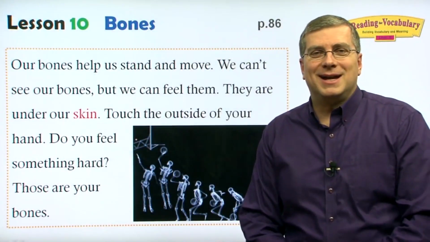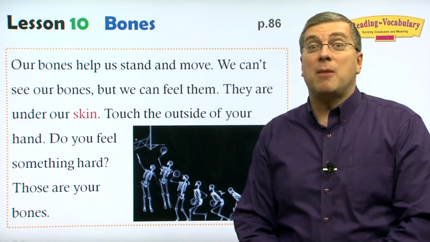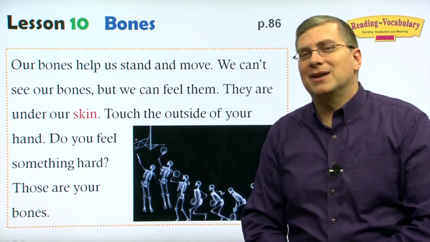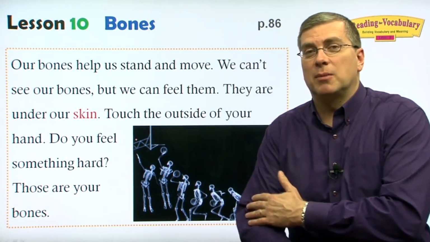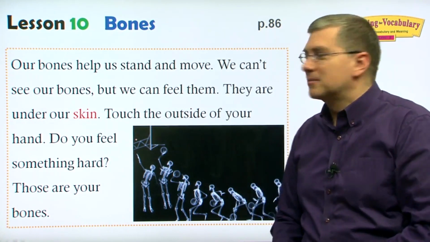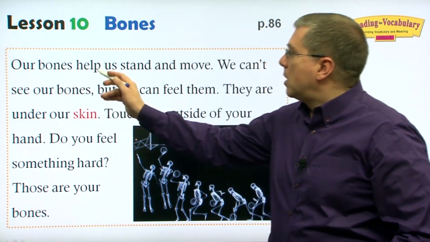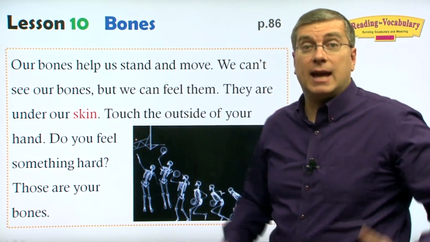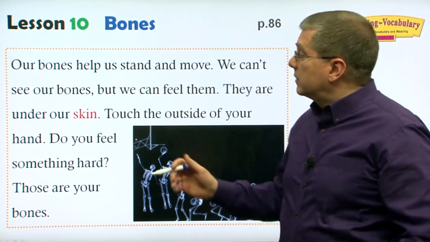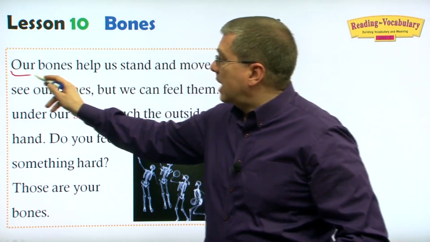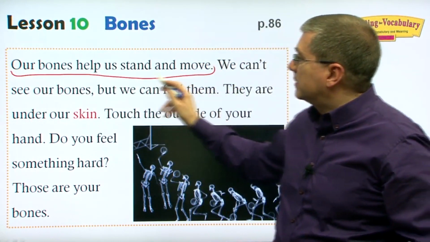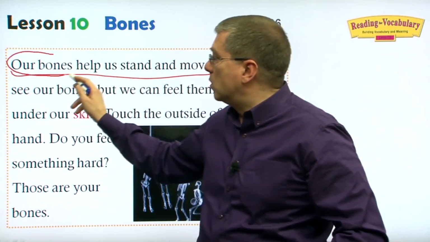Okay, welcome back guys. Let's continue our lesson about bones. So we're going to read a passage about the bones in our body. You ready? Let's begin. The first one, our bones help us stand and move. So this sentence is kind of talking about our topic sentence. Our topic, of course, is bones.